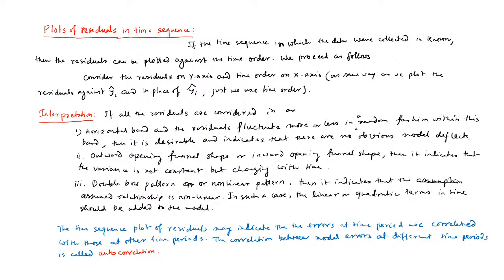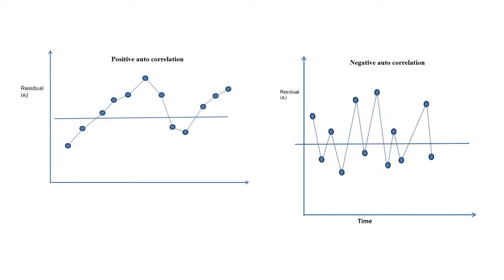If we have a plot like the following, this type of plot indicates the presence of autocorrelation.